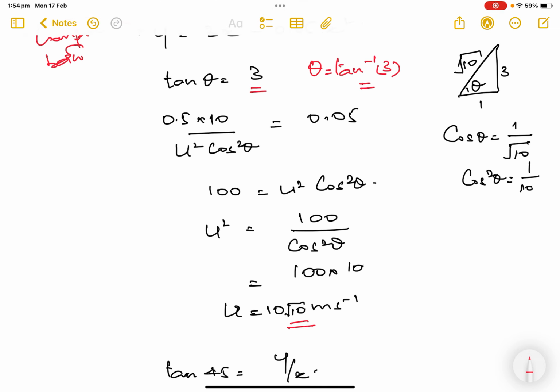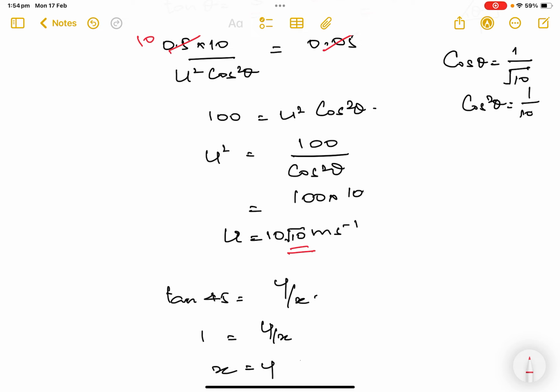If you work it out, 10 times 10 is 100. Cross multiplying, u squared cos squared theta equals 100. From that, u squared is 100 over cos squared theta.